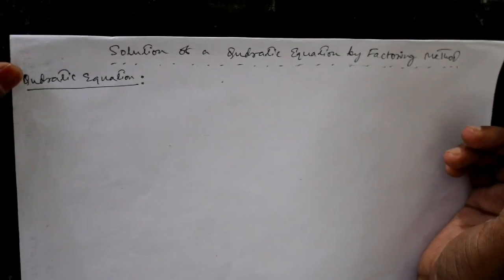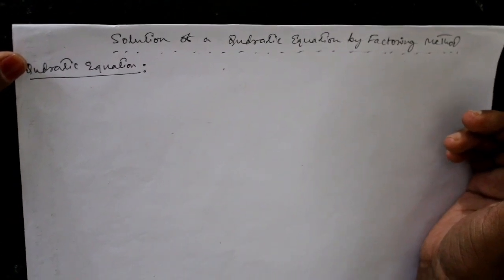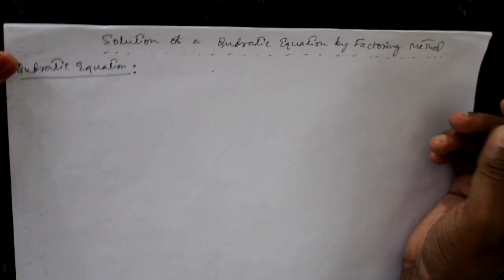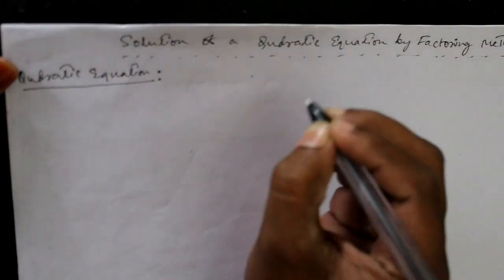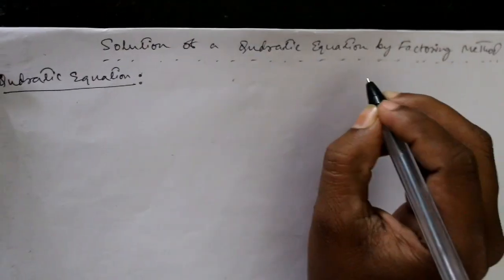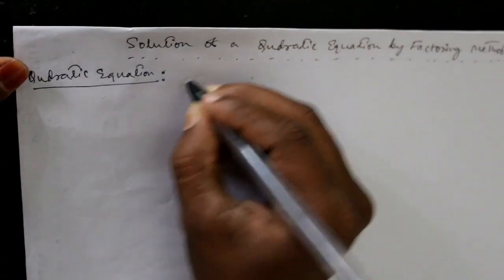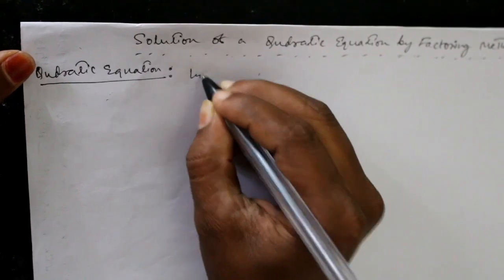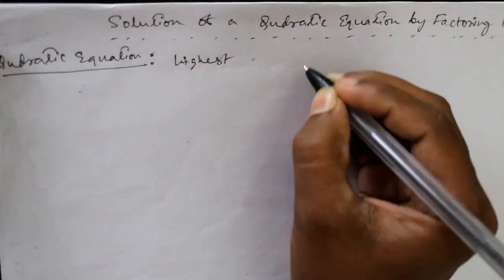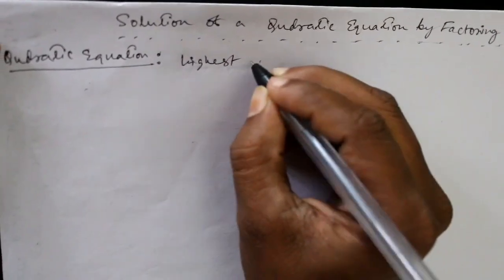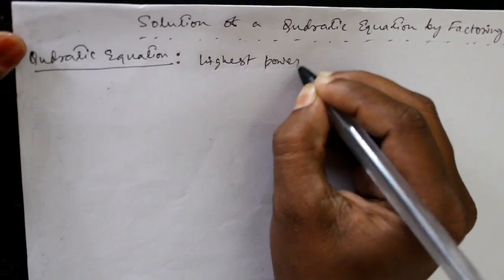So my dear students, we are going to learn how to solve a quadratic equation by factoring method. Now before that, we should know what a quadratic equation is. A quadratic equation is an equation which contains a variable with highest power 2.